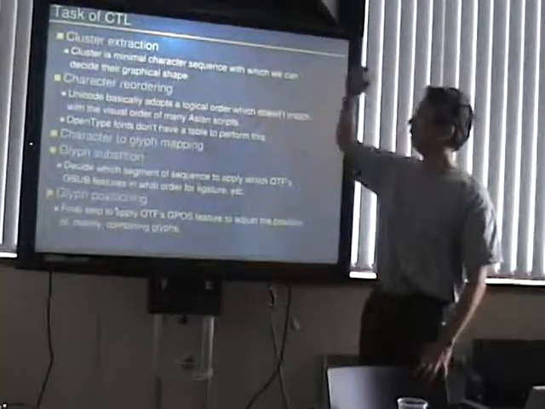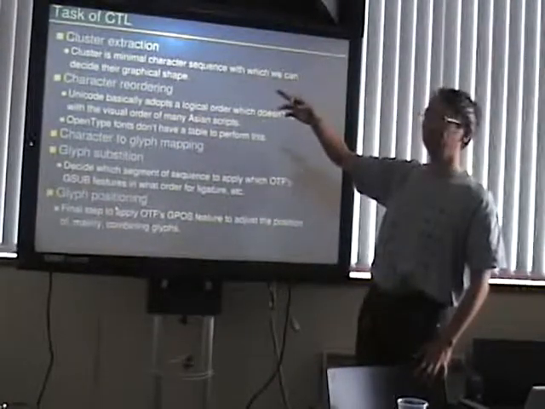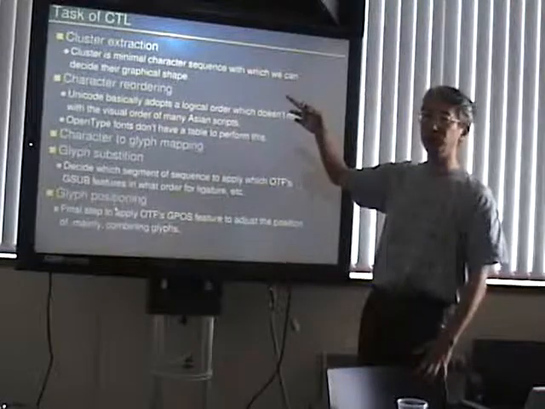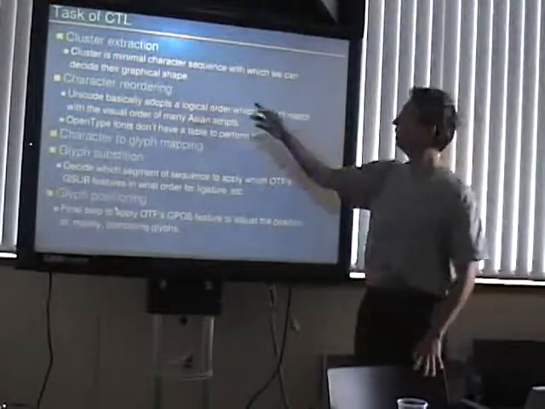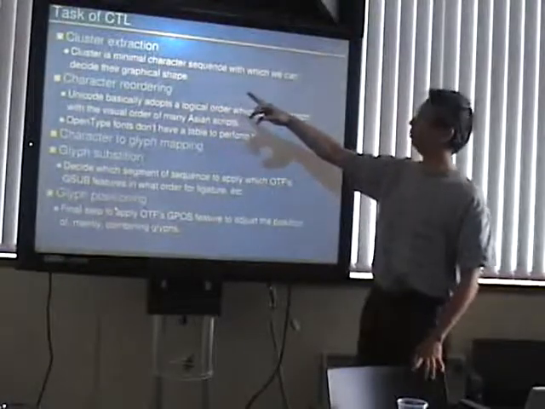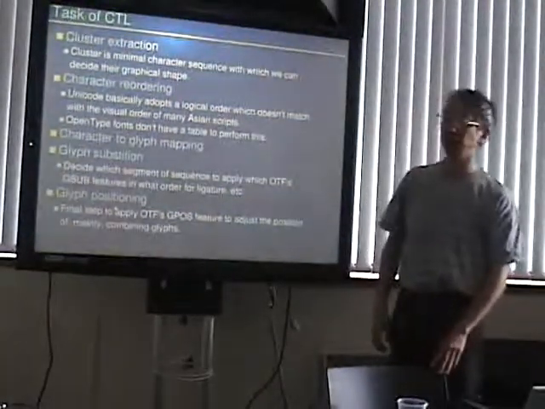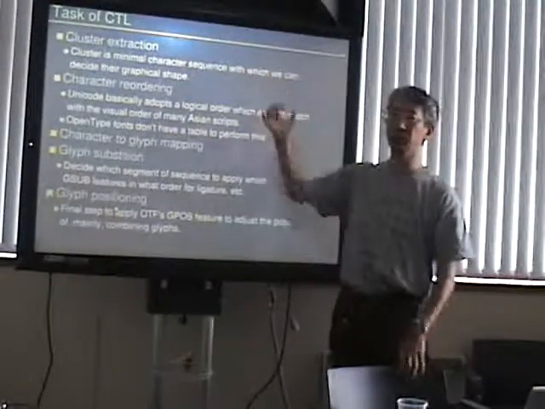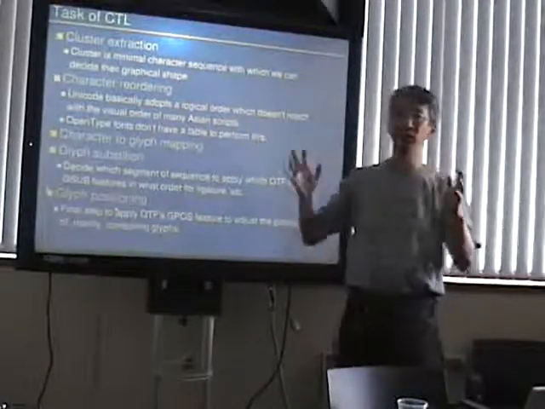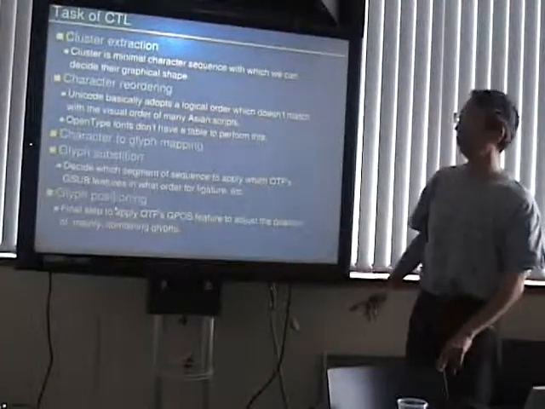The first one is cluster extraction. The cluster is very similar to the Unicode terminology grapheme cluster, but a little bit different. Here we use cluster to mean a minimal character sequence with which we can decide their graphical shape. So the first step of CTL is to extract this cluster from the character sequence. The next one is character reordering.